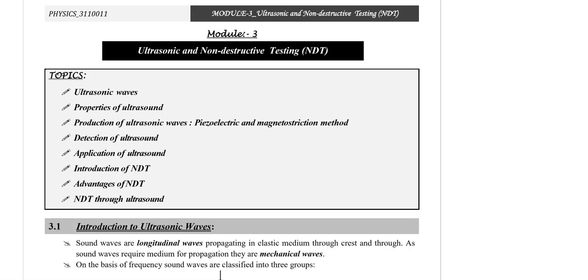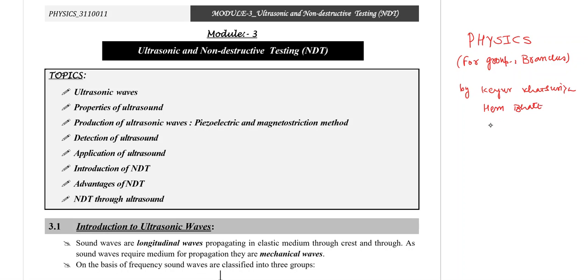Now see, there is one book which is titled, let me write the name of the book, Physics for Group 1 branches by Keyur Khatsurya, that is me, Hem Bhatt, and Pratik Lakhani.